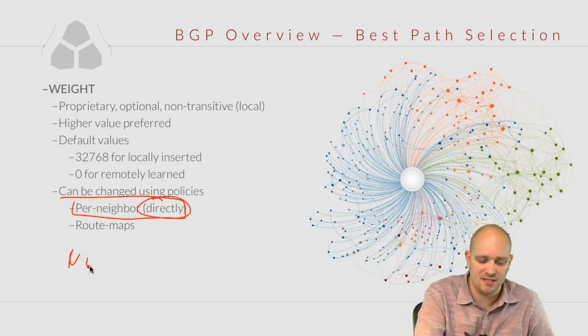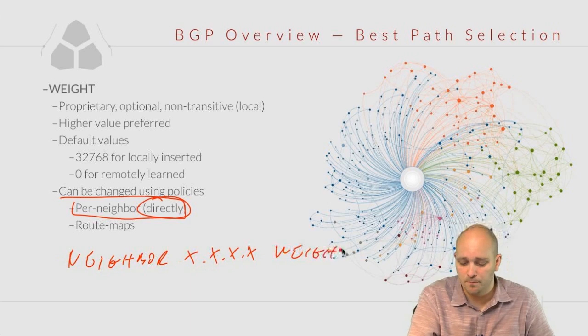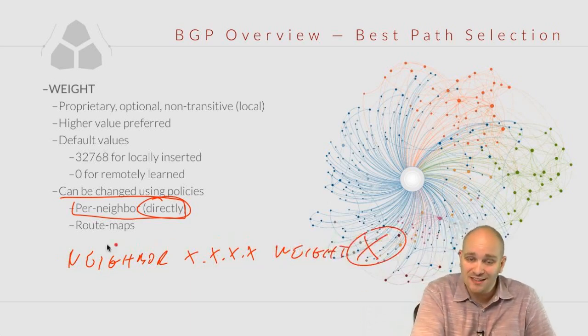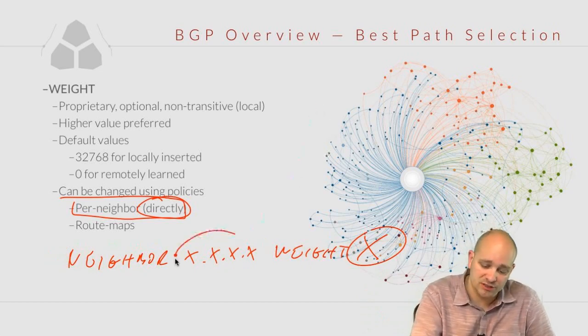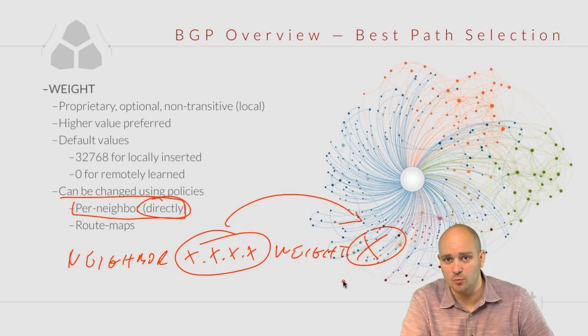And the syntax there is simply neighbor, and we would specify the neighbor's IP address, and we would say weight, and then we would specify the value of that weight. Now, what this command does is all the routes learned from this neighbor will automatically be assigned this weight.